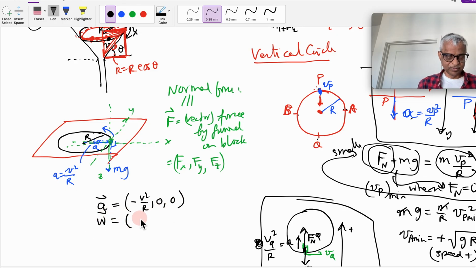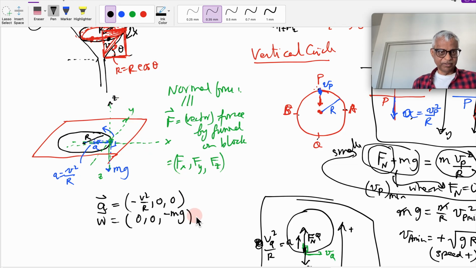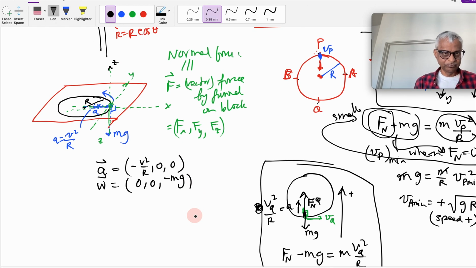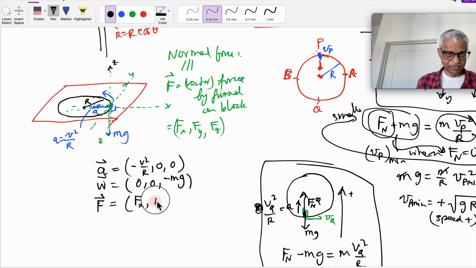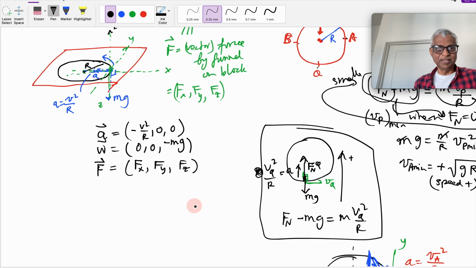Weight is 0, 0, minus mg, with x, y, z going that way. f is just fx, fy, fz.